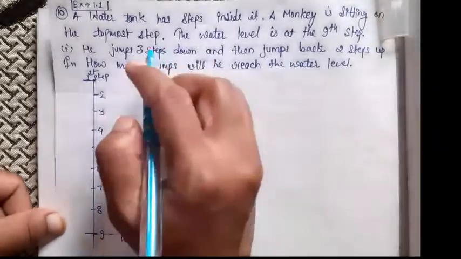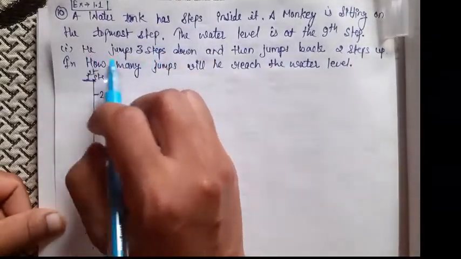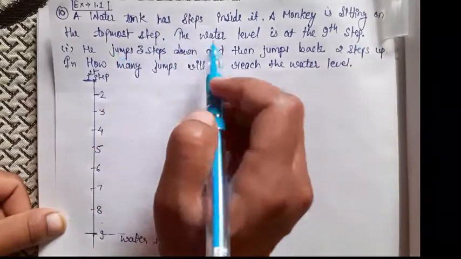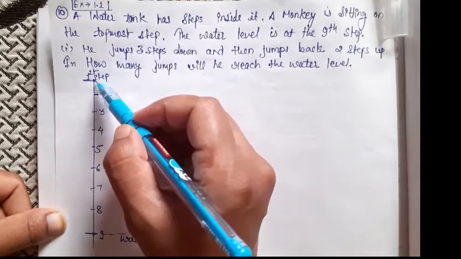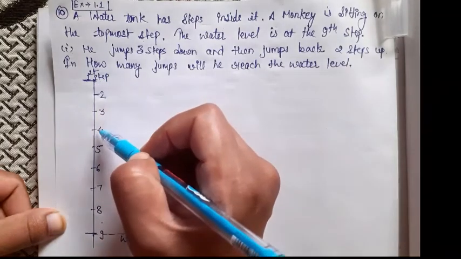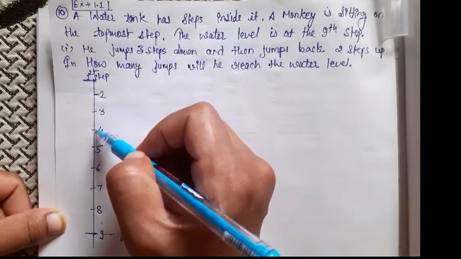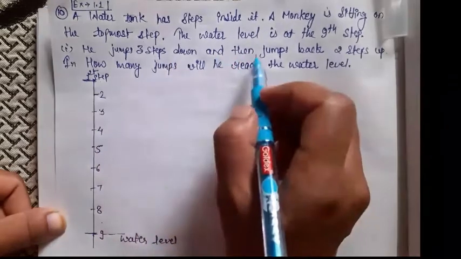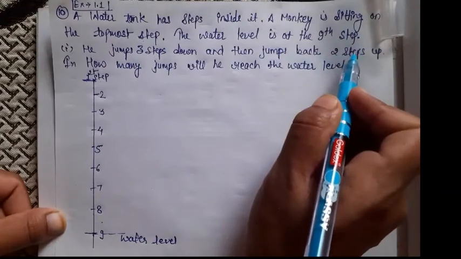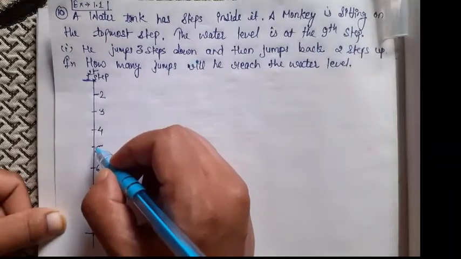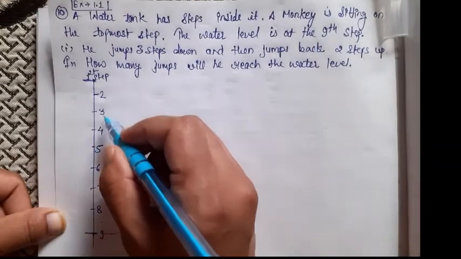So here the question number 1 is, he jumps 3 steps down. Means in first jump he reached on 3 steps down. So here we added this step, and in next jump then jump back 2 steps up. Means in next jump he back 2 steps upside.